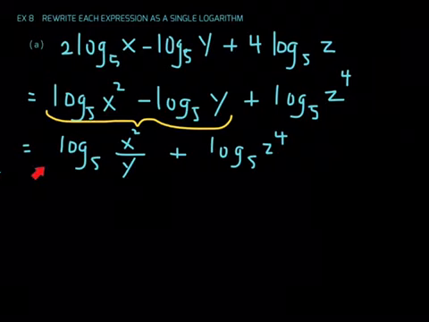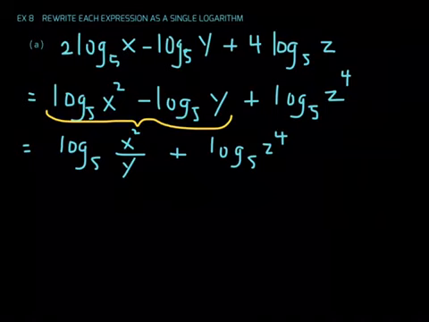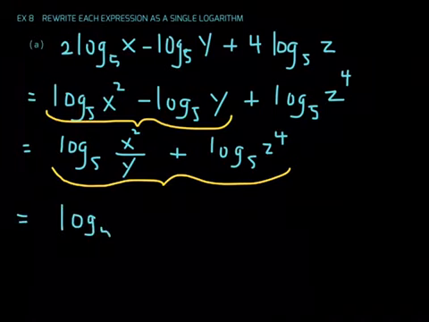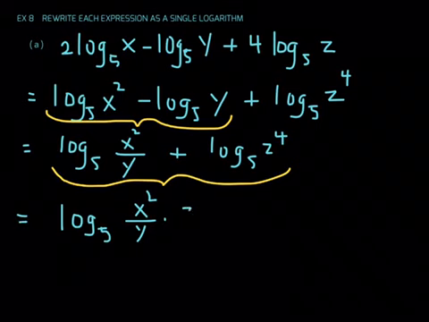That means these two logarithms can be combined using the product rule. So both of these logs will combine to be a single log using the product rule. So there's my single log, log base 5 of x squared over y times z to the 4th power.